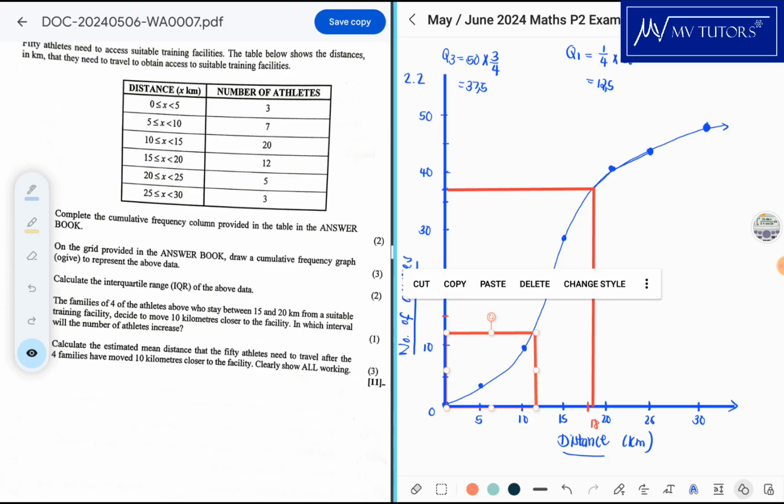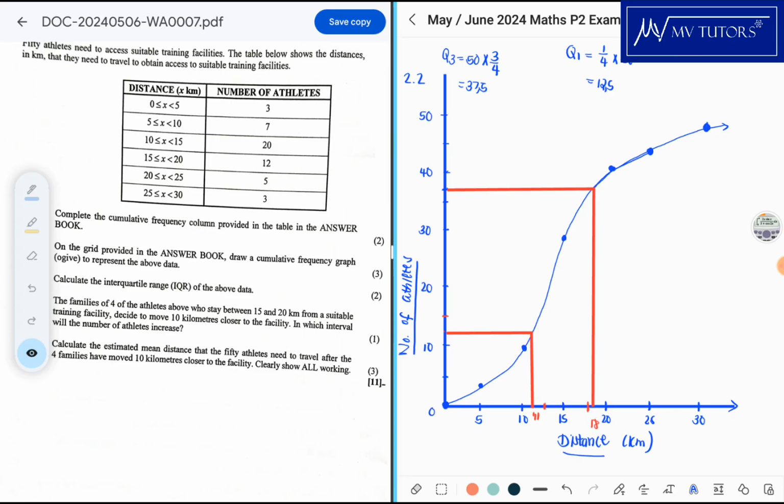Let me just shift it. Okay, it's more somewhere around there. So if this is going to be 12 and a half, this can be 11 comma something. I'm just going to leave it as 11.